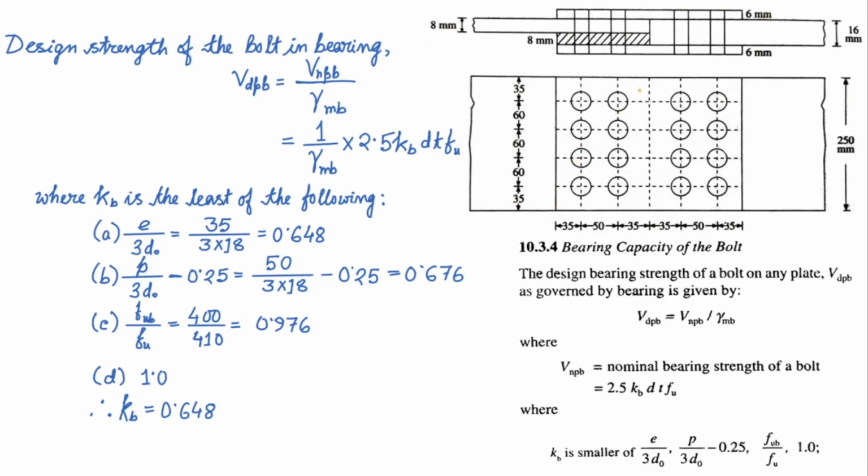See, over the one plate we have provided 8 bolts. So this is one main plate, and that is another main plate. Though we have provided a total of 16, on one plate we have provided 8 bolts.